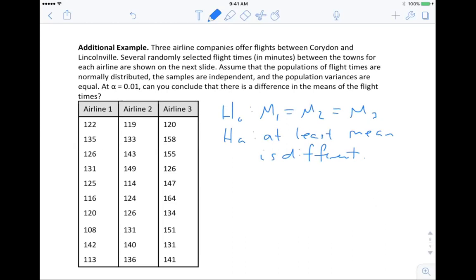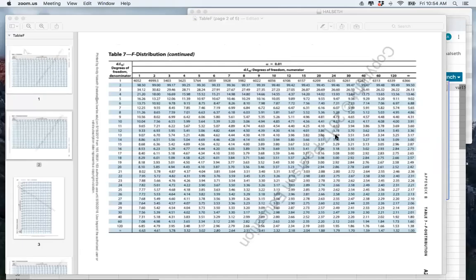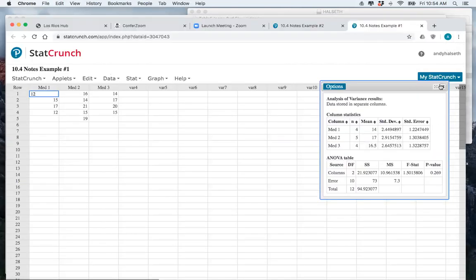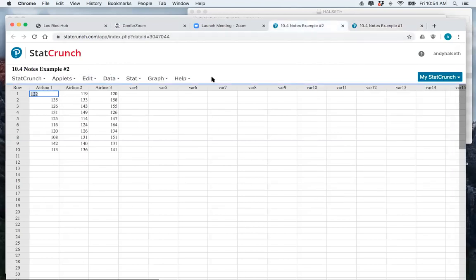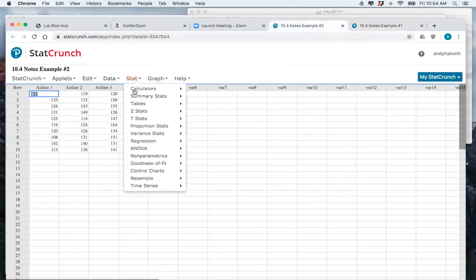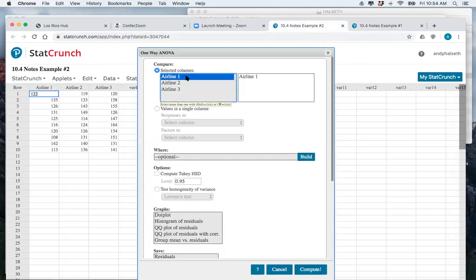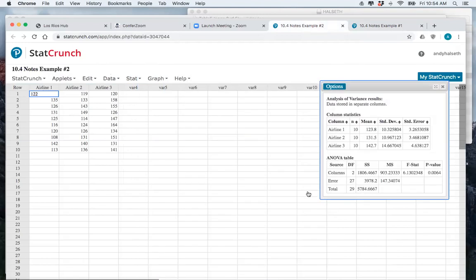So I'm going to load this into StatCrunch. Again, I put this one in your groups folder if you wanted to try it. There it is. Then you're just doing Stat, ANOVA, One Way. Highlight your columns and click compute.